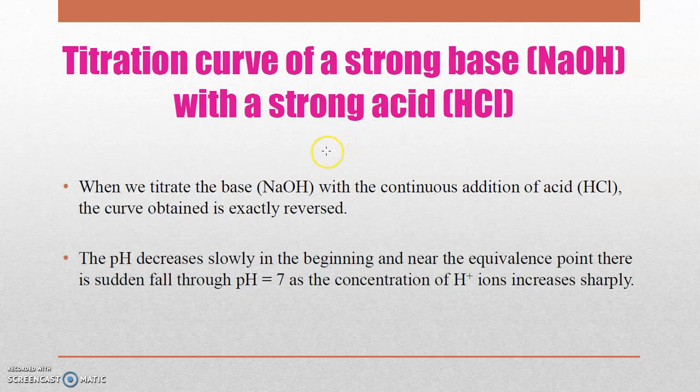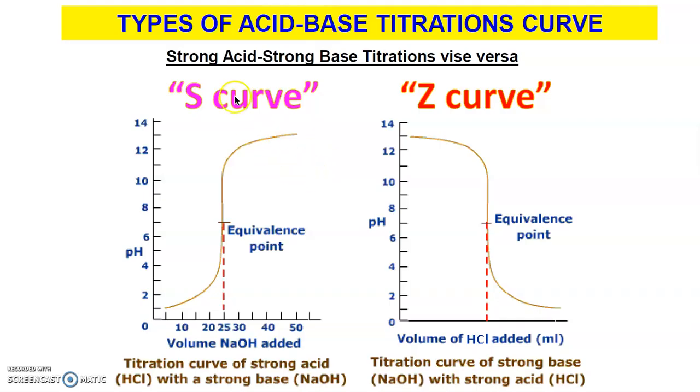Right, this one normally the equivalence point is at pH 7. So these are the types of acid-base titration curve, S curve and Z curve. For the S curve, in your conical flask is acid and in your burette is base.